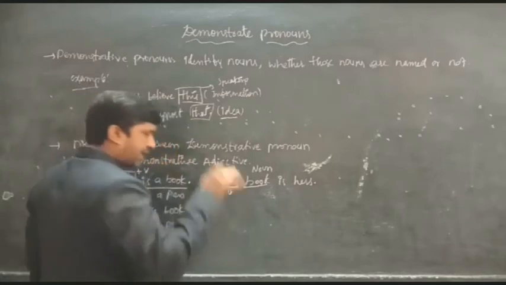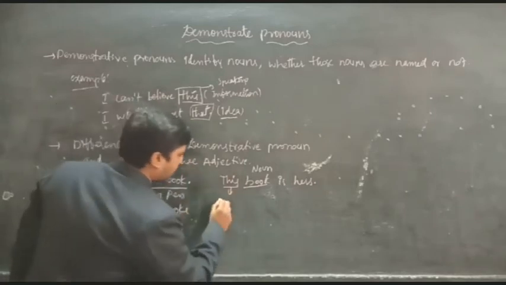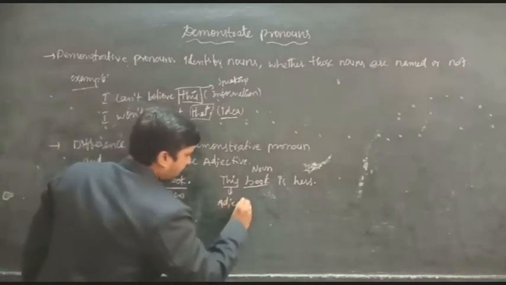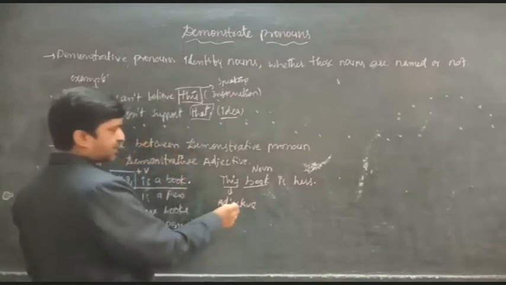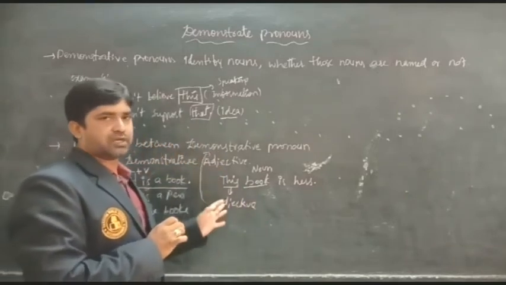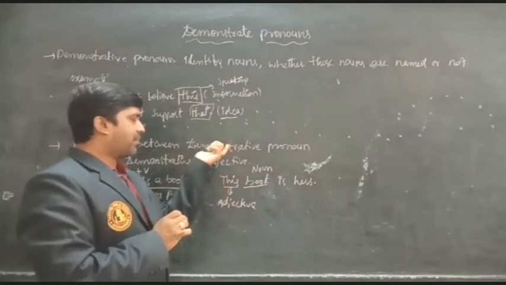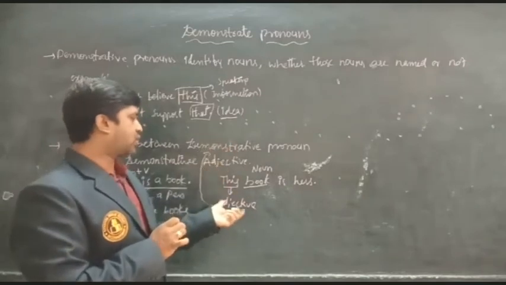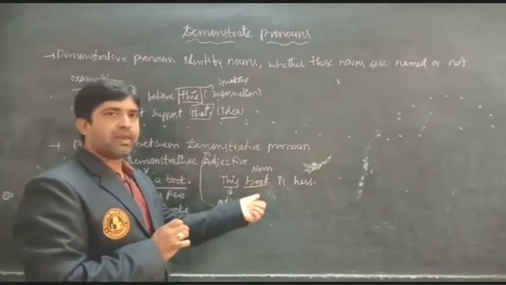So, if it has that type of quality, we call it an adjective. And this adjective is with the demonstrative, so we call it a demonstrative adjective. This is followed by a noun.